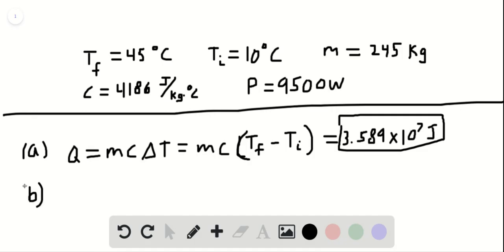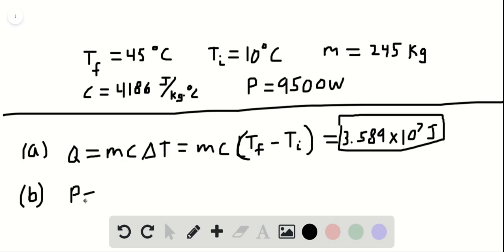Now for part B, it wants us to know the time it's going to take if the power output is 9,500 watts. So let's use the equation for the power.